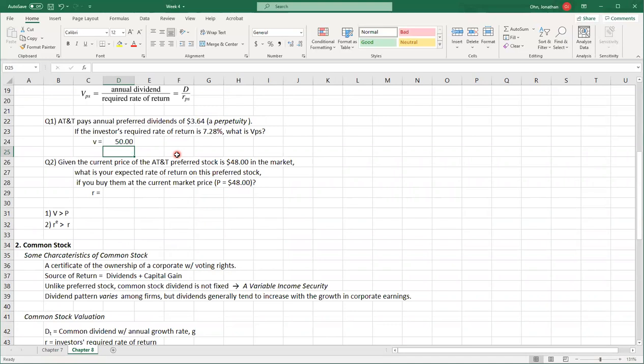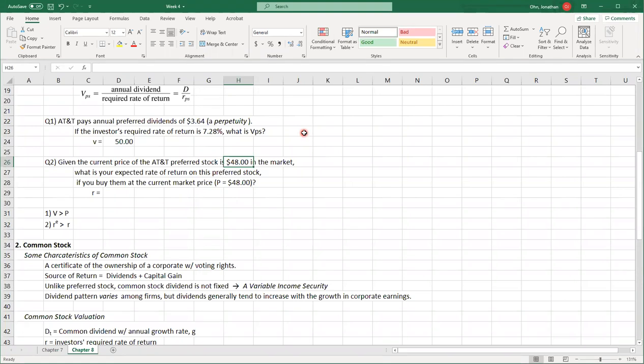Here, our theoretical computed intrinsic value of this preferred stock is $50, but the market sells it at $48, which is lower than the theoretical value. Then what do you think? Is it an attractive investment or not?